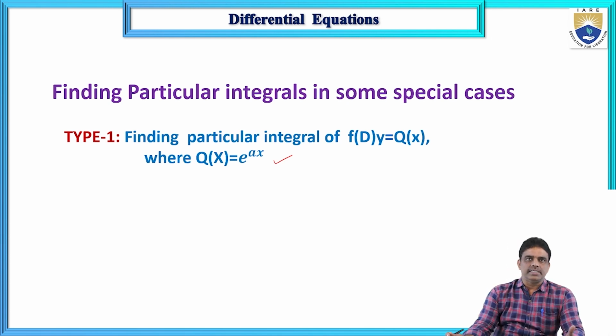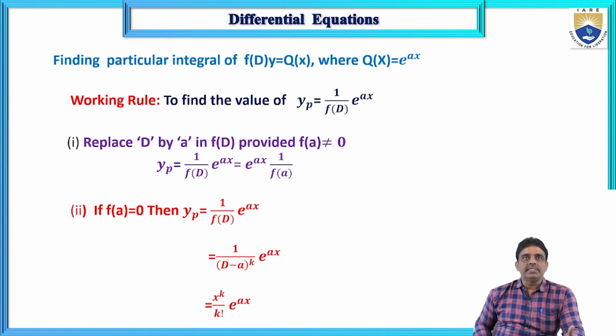So in this type 1, we are going to find the particular integral of f of D of y is equal to q of x, where q of x is equal to e power ax. Here, yp is equal to 1 by f of D of e power ax.